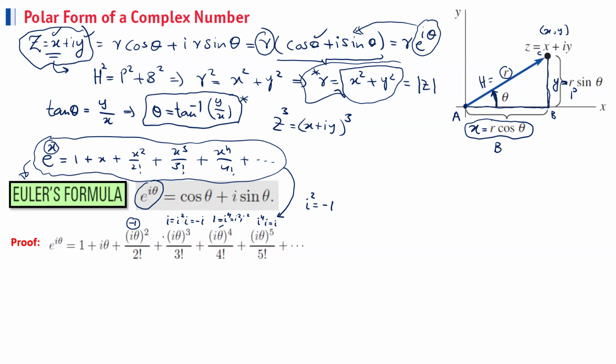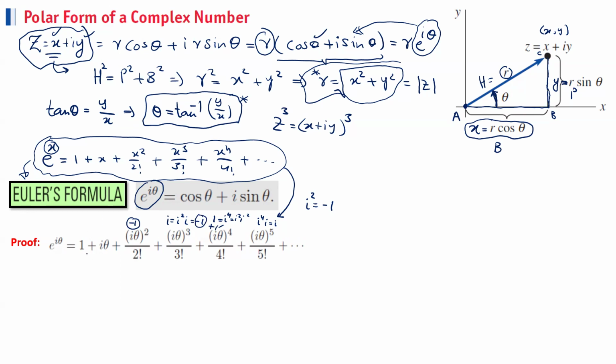So we can see that in alternate terms we'll have iotas, and in some terms iotas will disappear. They will either give us +1 or -1. Like in here it is giving us +1, and in here it's giving us -1. It's giving us +1 here. So it's minus iota here, and it will be plus iota, and so on.